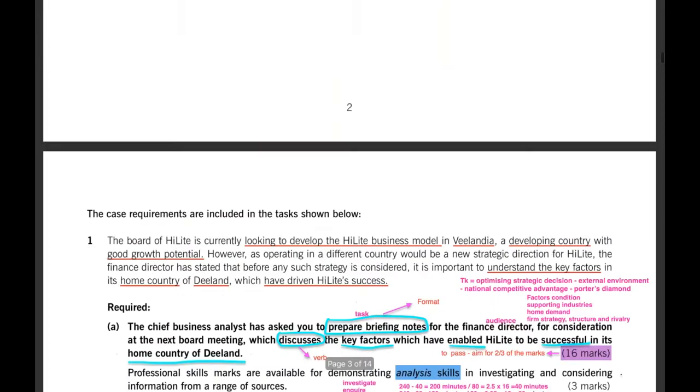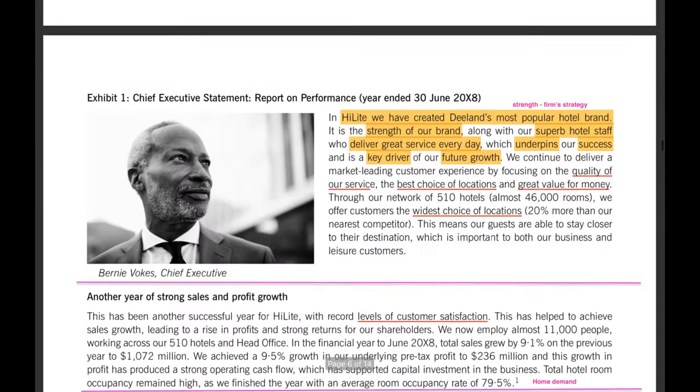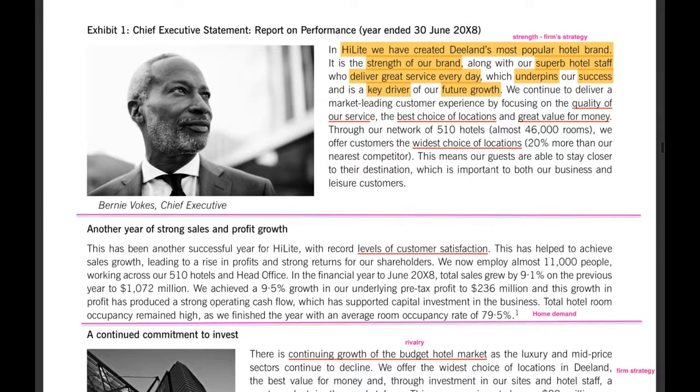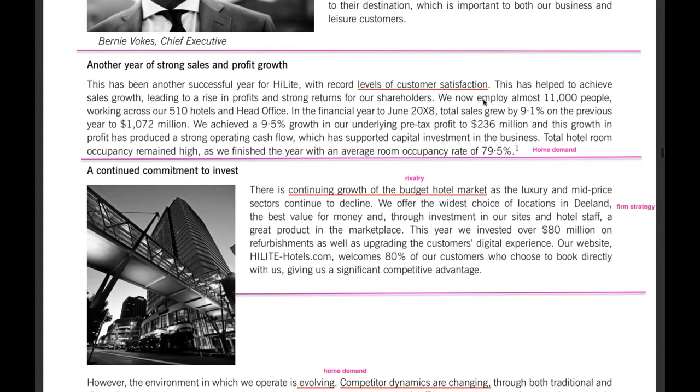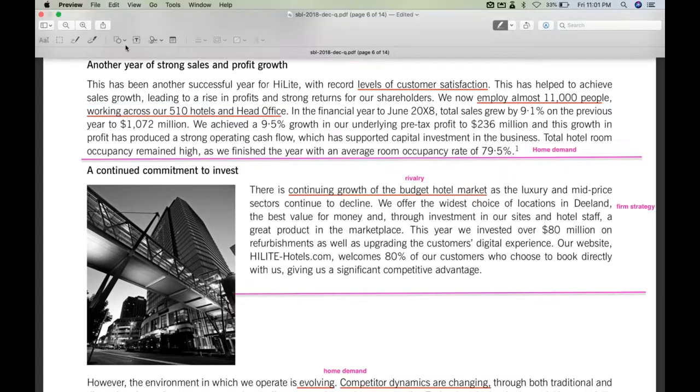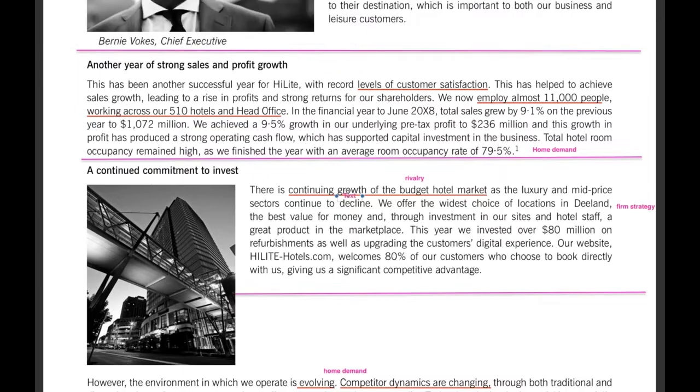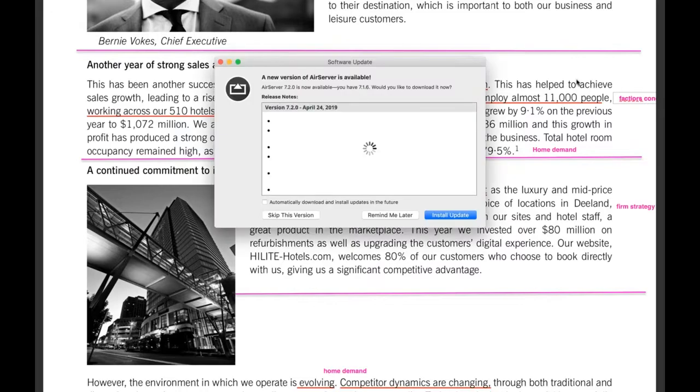Forgot to highlight that, but you can find it there. And here, this is your labor.